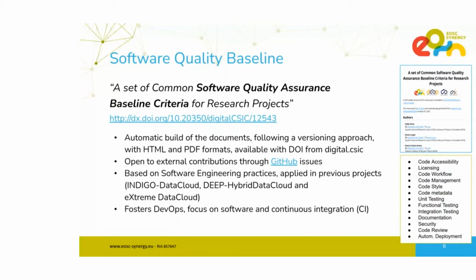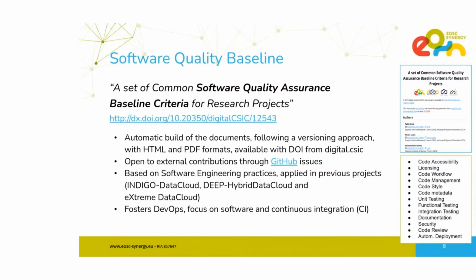Here on the right, you can see the document. I don't know if you see my mouse, but in the bottom right corner is the example of those quality criteria like code accessibility, licensing, code workflow, code style, code metadata, unit testing, and so on.